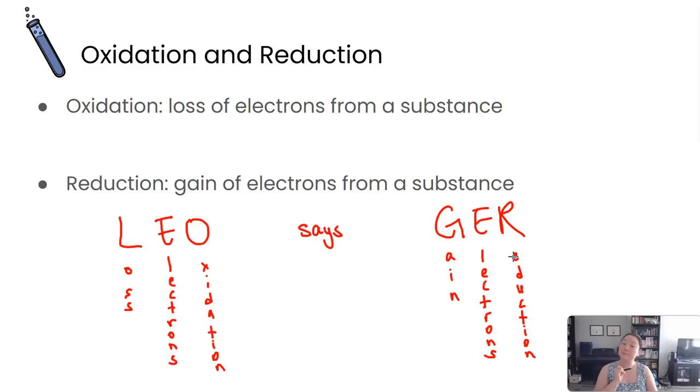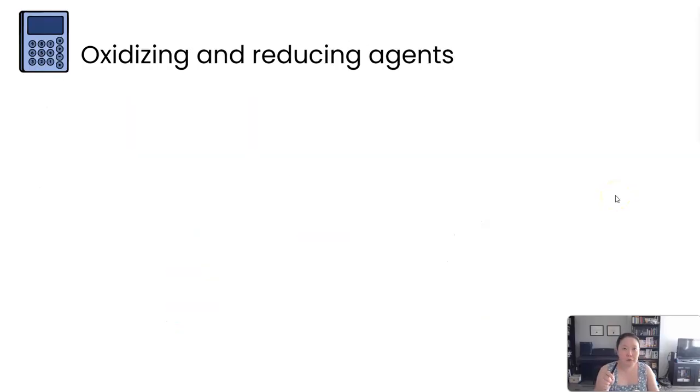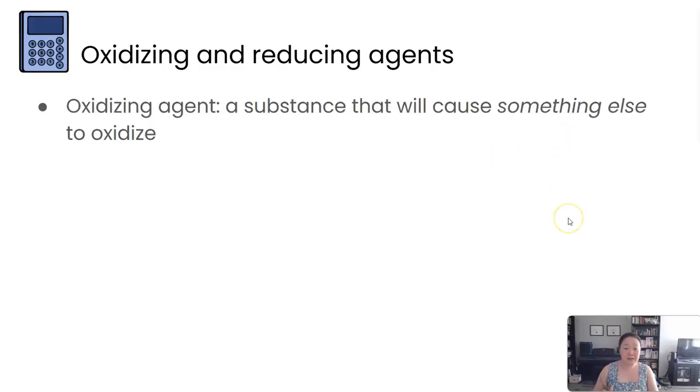So make sure you find a way that you can remember these that works for you as we move on. Alright, to confuse matters a little bit more, we have what are called oxidizing agents and reducing agents. Oxidizing agents are something that will cause something else to oxidize. So it causes oxidation in something else.